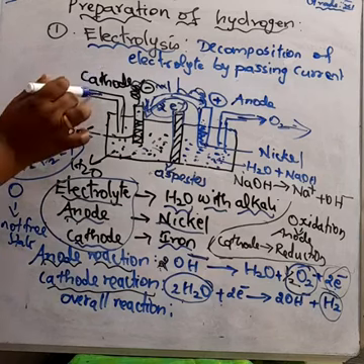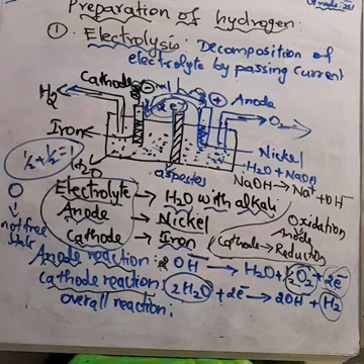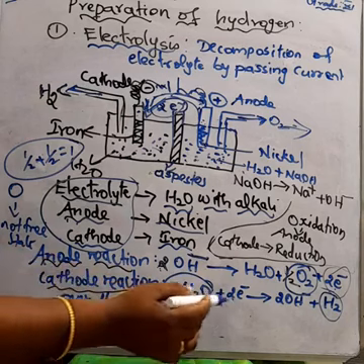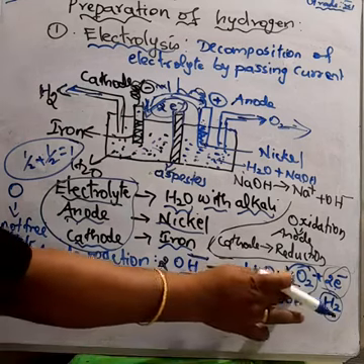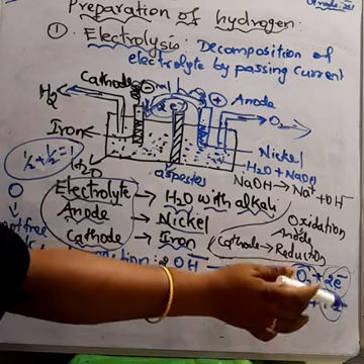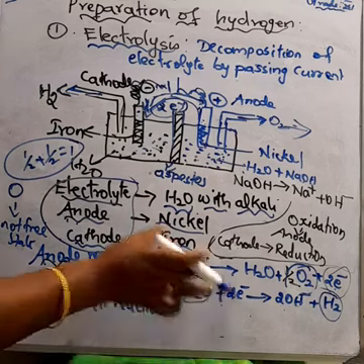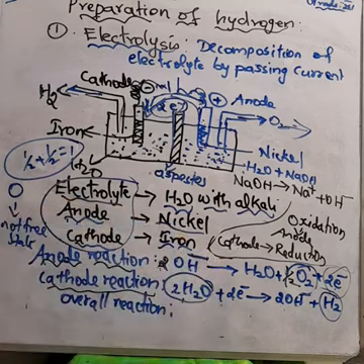H2O plus 2 electrons form 2 OH minus and hydrogen gas. Understood? These are the 2 reactions, the anodic reaction and the cathodic reaction.